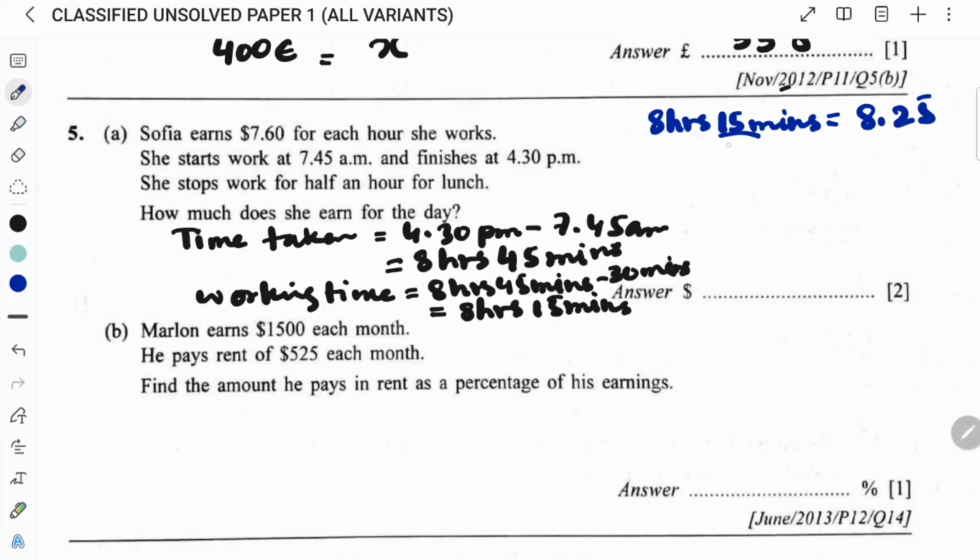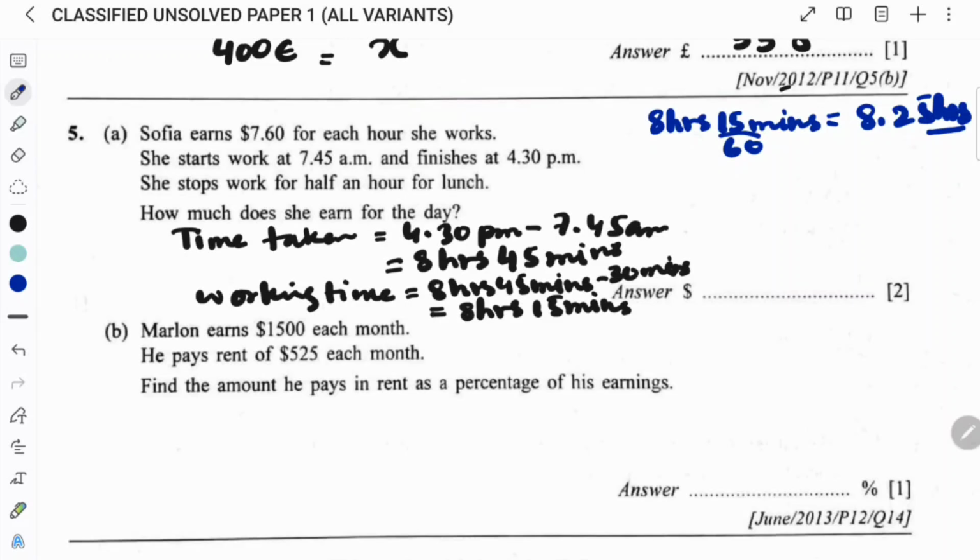Whenever you just divide it by 60, and in the clock you know that if 15 minutes is there, it is a quarter, which is 0.25. 30 minutes, half, 0.5, and 45 minutes, 0.75, 75%. All right, so you know that it is 8.25. So that's your hours. Okay, so she worked for 8.25 hours.